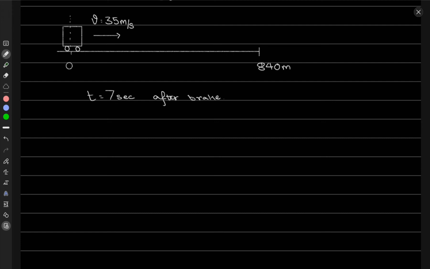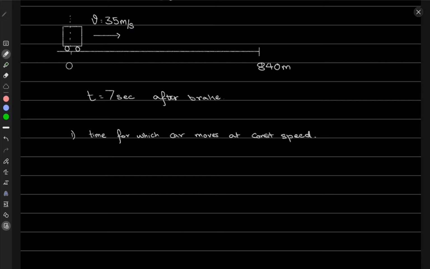Now, before the brakes were applied, let's try to understand how long the car was traveling at this constant speed of 35 meters per second. So, the time for which the car moves at constant speed, which is given to us as 35 meters per second.